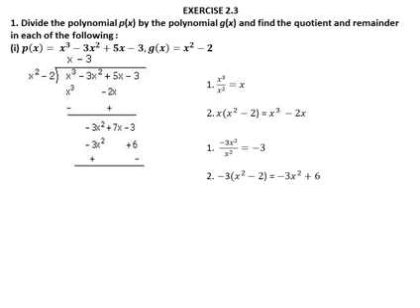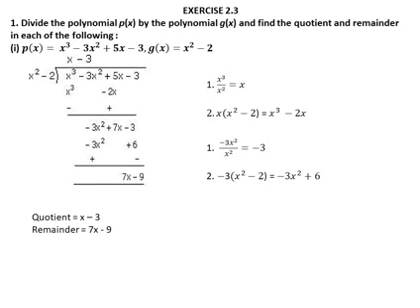We can cancel minus 3x square and plus 3x square. If I cancel, remaining is 7x. Then minus 3 and minus 6, if I add, you will get minus 9. So our quotient is x minus 3 and remainder is 7x minus 9.